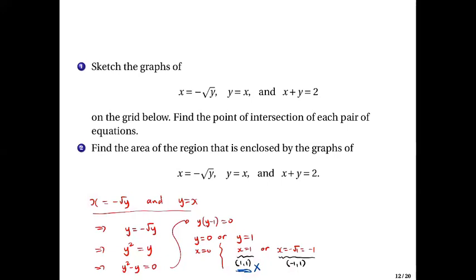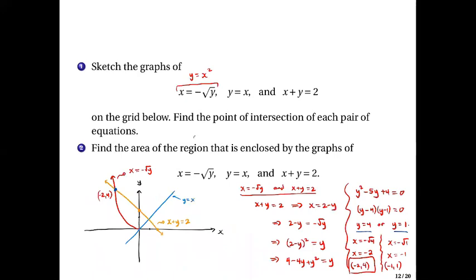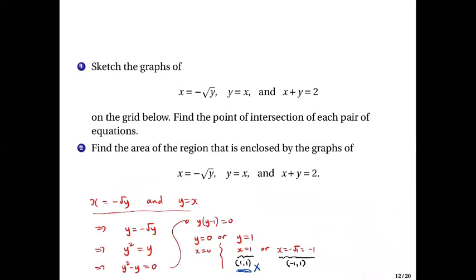But if you look at the graph, x equals negative 1 will be on this side. So it cannot be x equals negative 1. So the only point now is this one here, which has coordinates 0, 0.